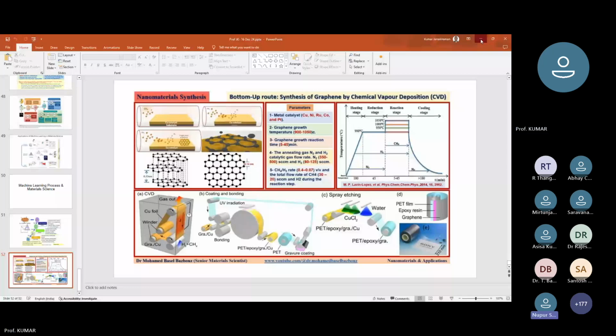I am very indebted to you for this kind of presentation. It is really informative. I have one query regarding the solar cell. Silicon solar cells are doing a far better job than other generations of solar cells.